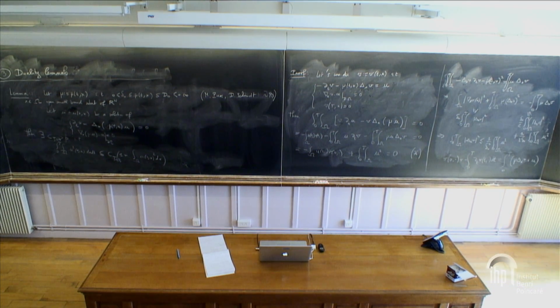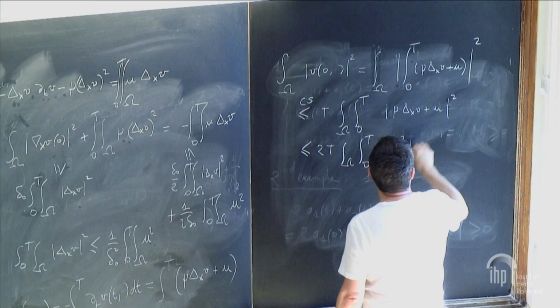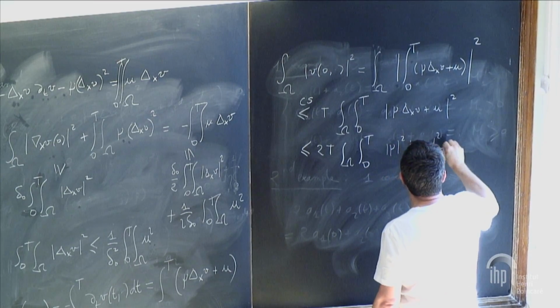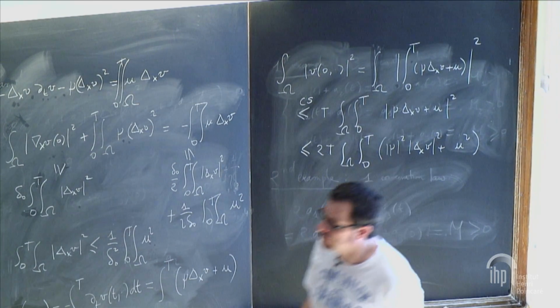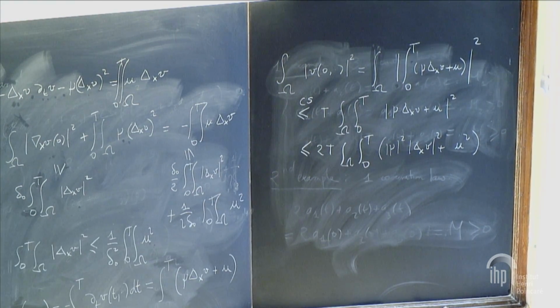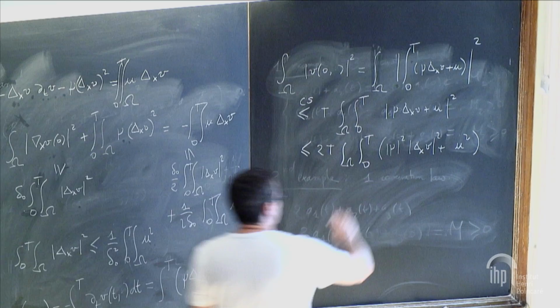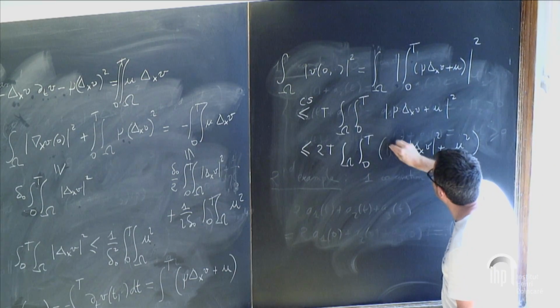And now I will just say that this is less than 2t times mu square Laplacian v square plus u square, like this. And mu square, by assumption, is less than d0 square, okay? So here I can put actually d0 square.